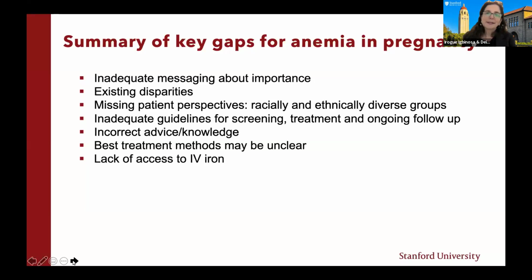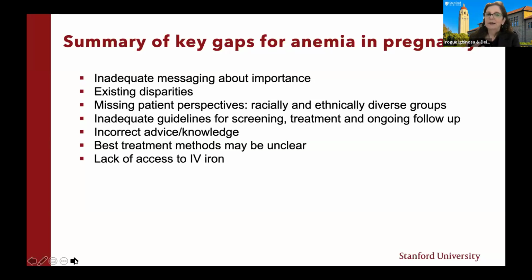We know that there are existing health disparities here that are really not okay, and that they mirror SMM rates, and that this is a real opportunity for us to improve outcomes for all. But we're missing patient perspectives, particularly among racially and ethnically diverse groups that we have in our patient populations. We have inadequate guidelines for screening, for treatment, and for ongoing follow-up.